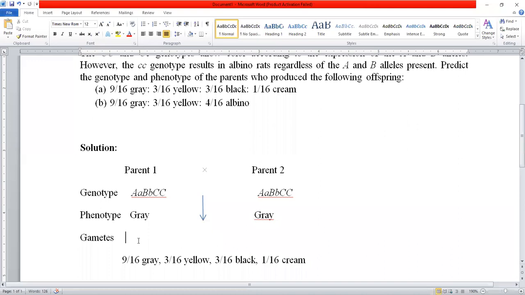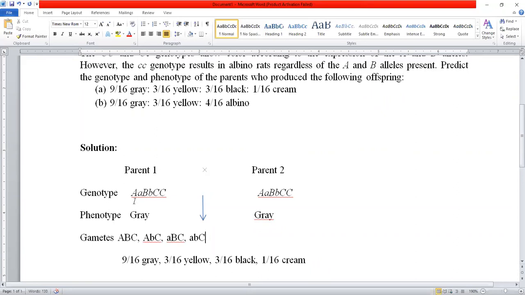So the gametes from this parent would be capital A, capital B, capital C. The second gamete would be capital A, small b, capital C. The third gamete would be small a, capital B, capital C. And the fourth one would be small a, small b, capital C.